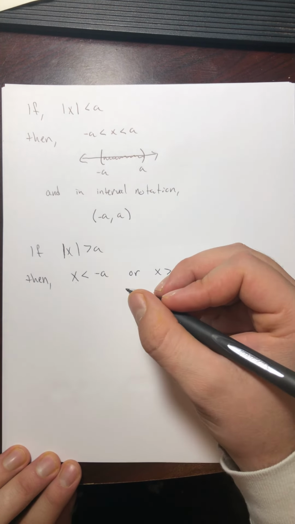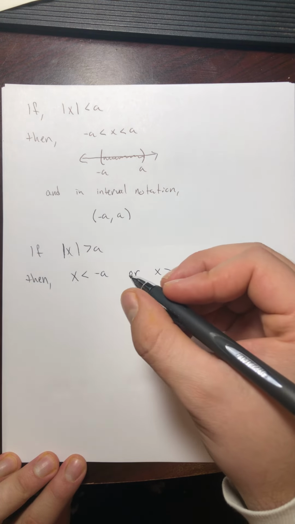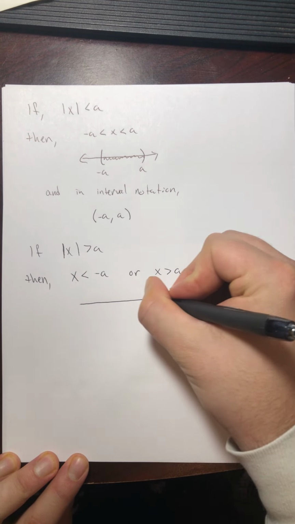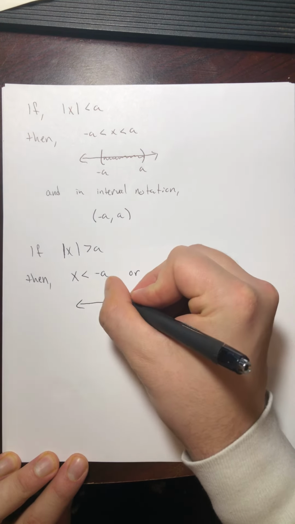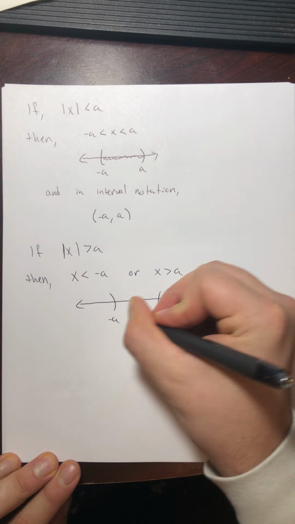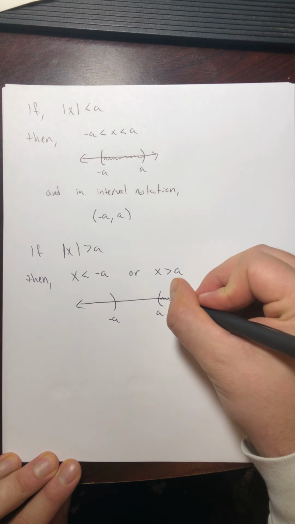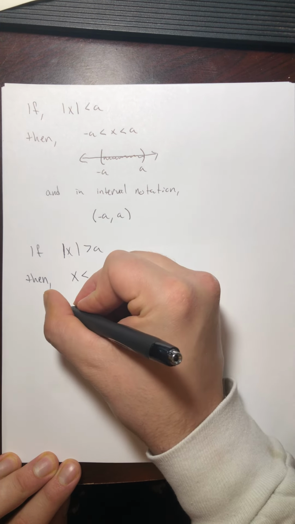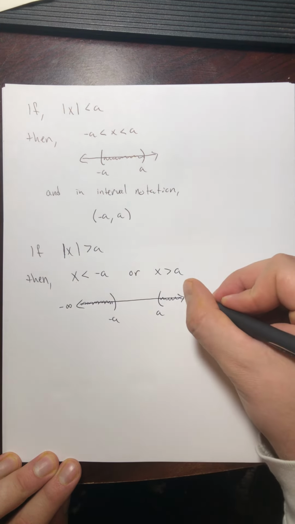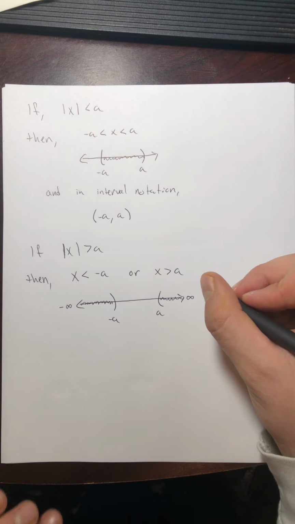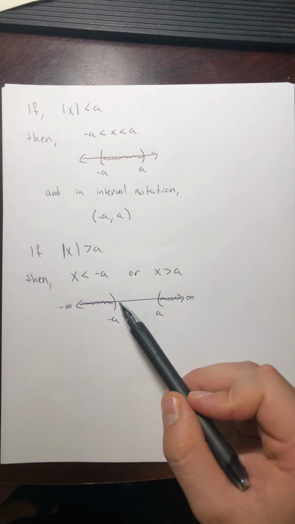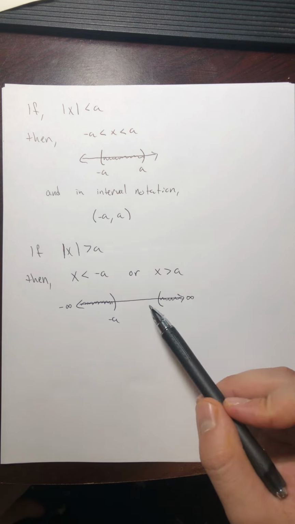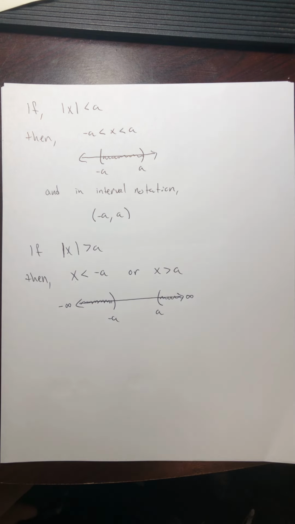So from here, we can draw the number line. I do parentheses and brackets on the number line so the viewer can more easily tell the difference between set inclusion and not. So if you have an open dot right here at negative a and an open dot right here at a.